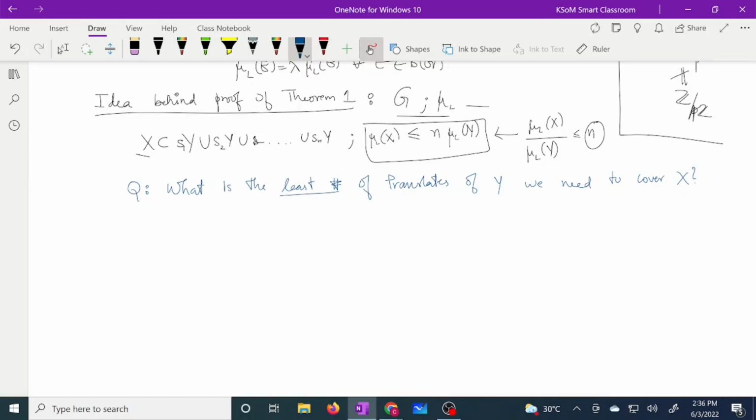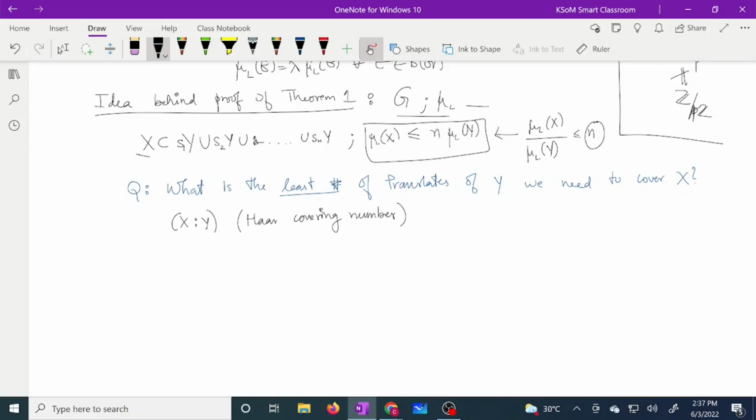But for the time being, in a more intuitive spirit, let us denote this number, if it exists, by this symbol. This is sometimes called the Haar covering number.